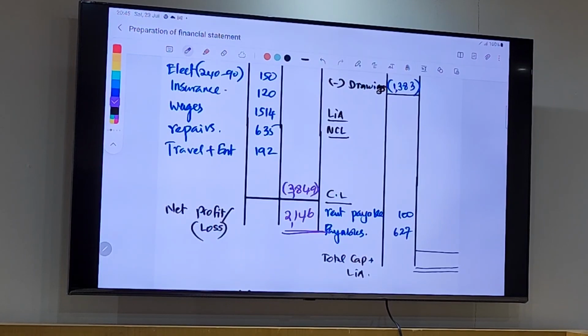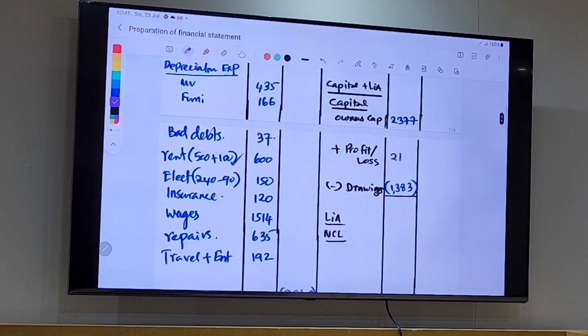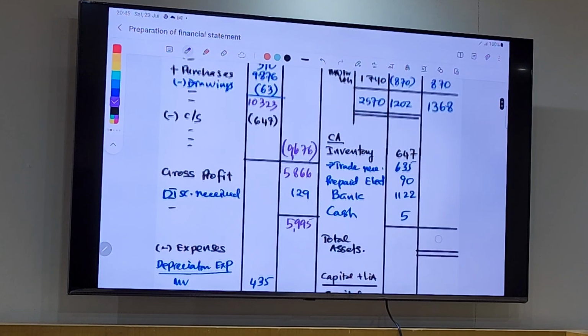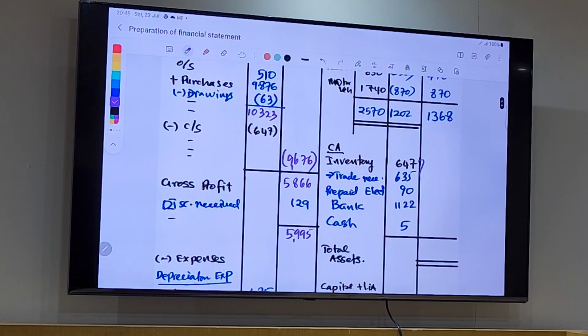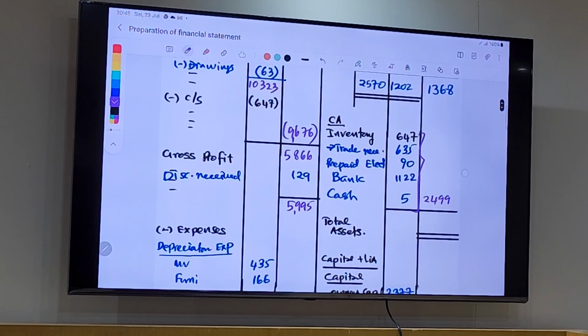That is net profit or loss? Profit. This 2146, you have to take it there. Now, can you please take the total of this: 647, 635, 90, 1122 and 5.